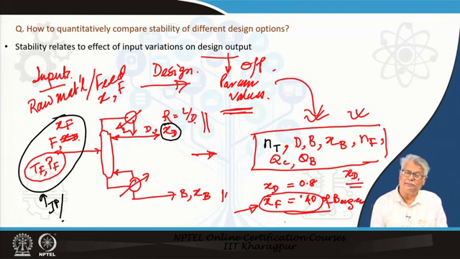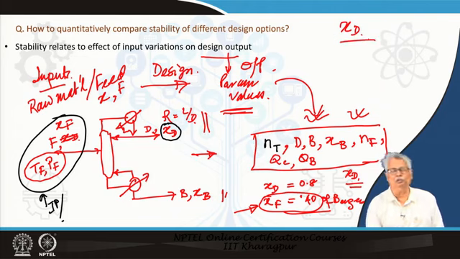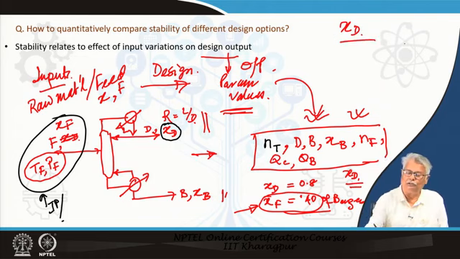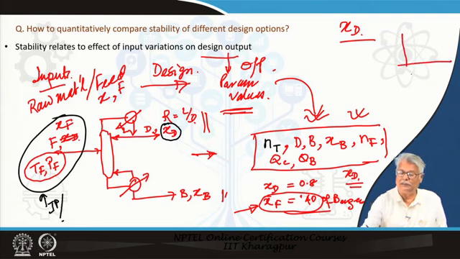Now, the final performance of my equipment is based on XD. So, quite often what you normally do is you plot a parameter, which could be maybe the effect of TF on XD, and this being the design, this XD is basically the design value.